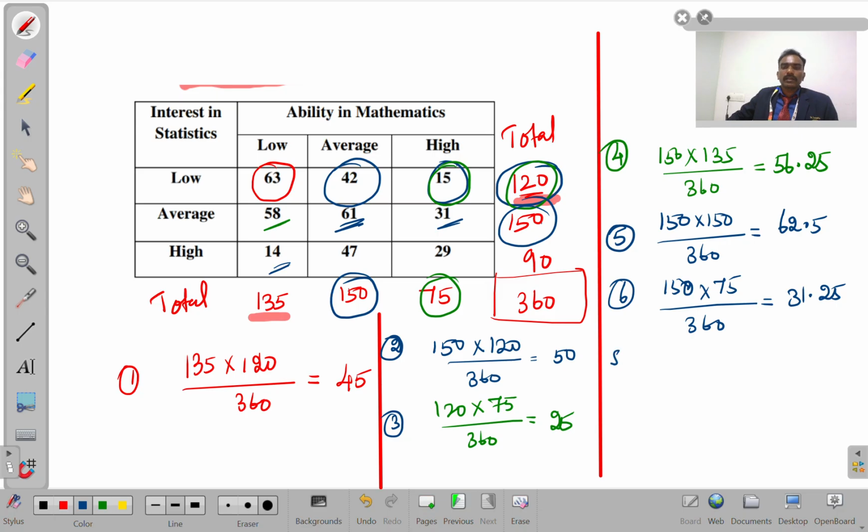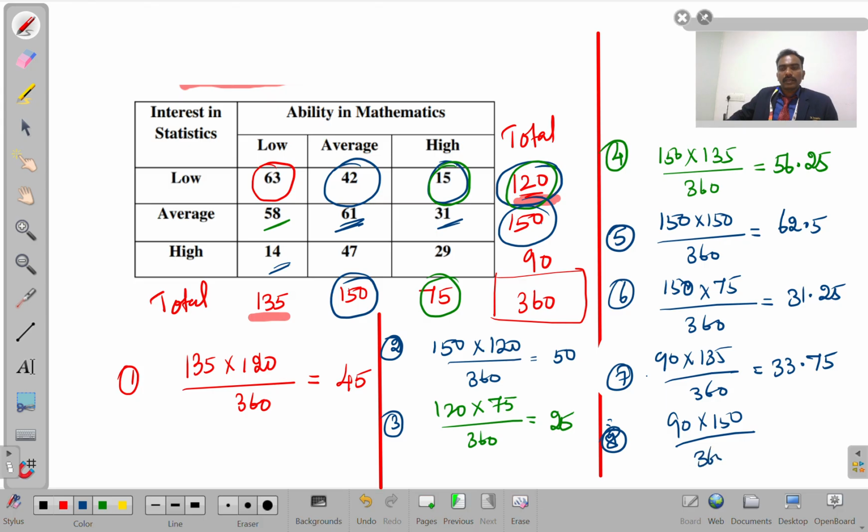The next one is 14. For 14, the row total is 90 and the column total 135, divided by 360. The corresponding expected value is 33.75. Then the previous one is 7, it's not 8, it will be 7. This is the eighth one: 90 by 150 divided by 360.